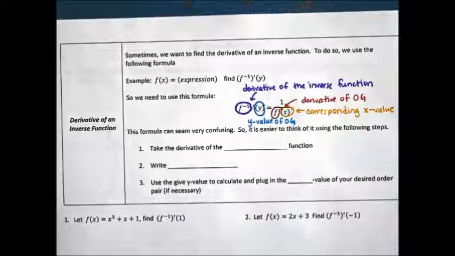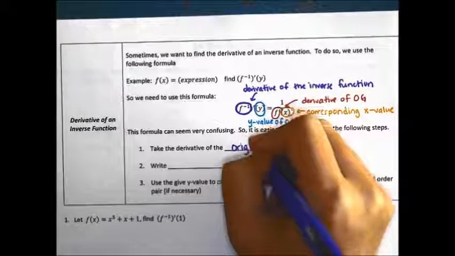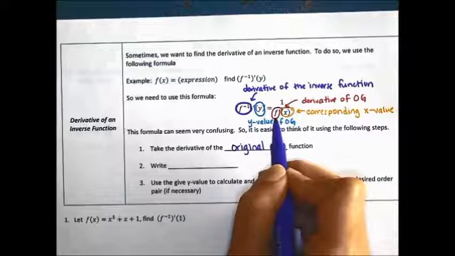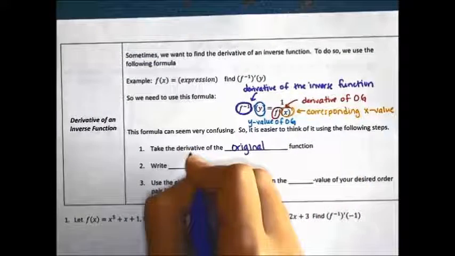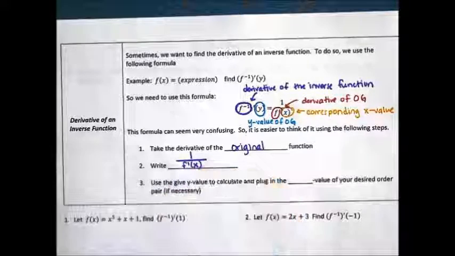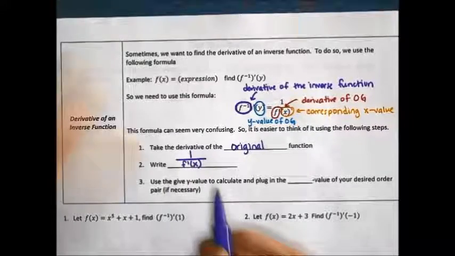So we really are going to do this process in 3 steps. First, we're going to take the derivative of the original function because we know we need the derivative of the original. Then we're going to write 1 over the derivative of the original function. Then we're going to use the given y value.